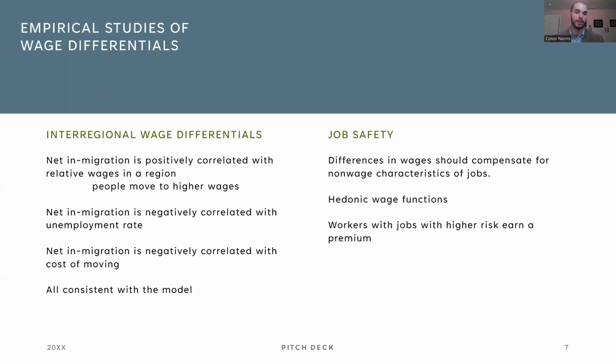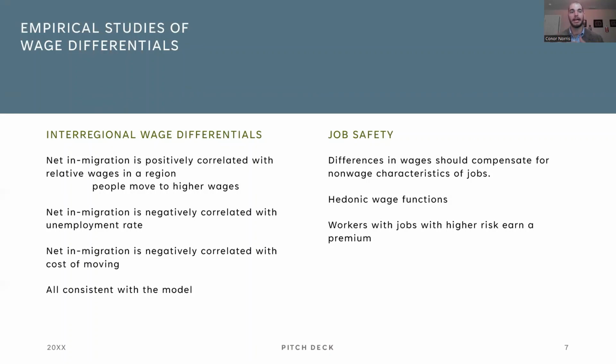And finally, net in-migration is negatively correlated with the cost of moving. So if it's more expensive to move somewhere, fewer people are going to go there. Again, the wage differential in the high cost of moving area has to be that much higher than other places to get people to be willing to move there. And all three of these findings are consistent with the model we talked about.